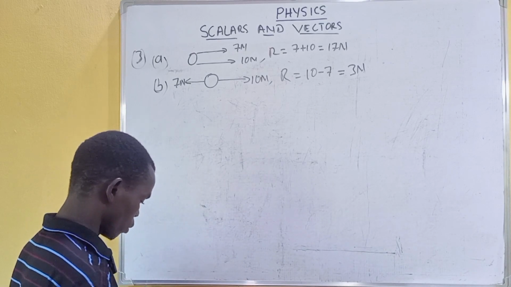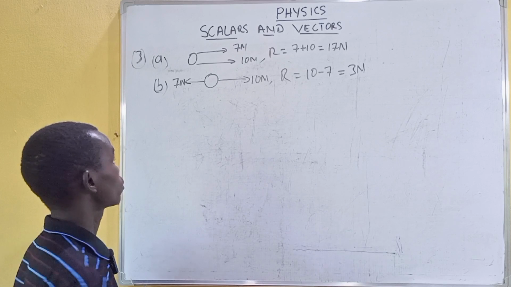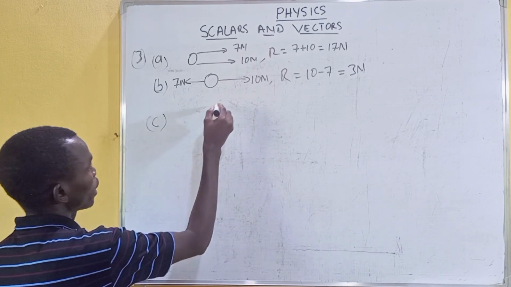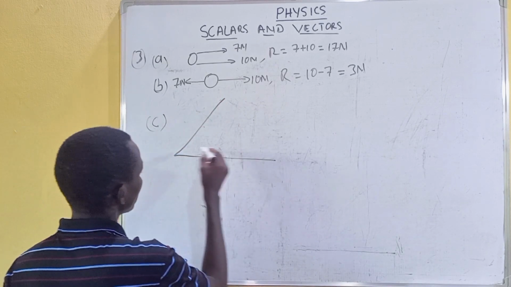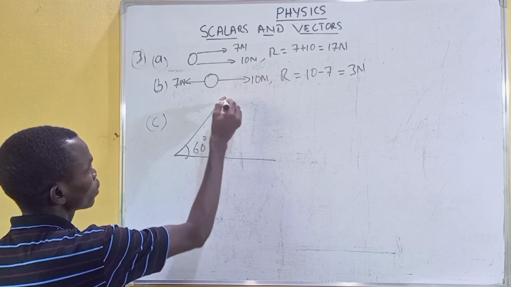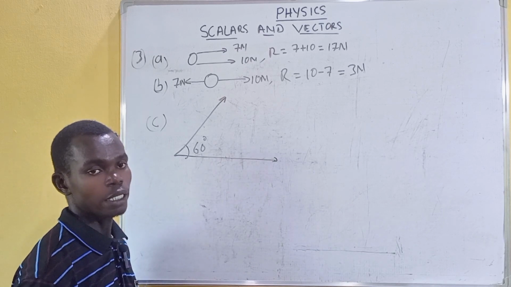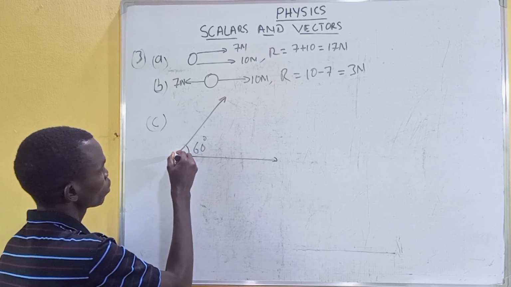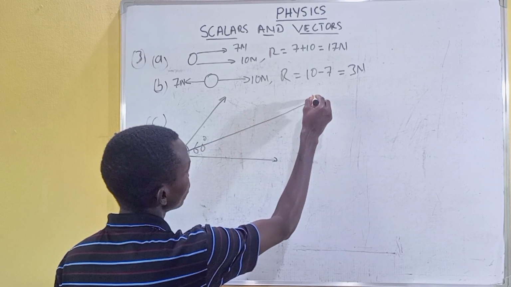The C part, two forces at an angle of 60 degrees to each other. Here is the first one, and here is the second one. They are at 60 degrees to each other. From the law of parallelogram, the line drawn from this point of intersection of these two vectors represents the resultant.